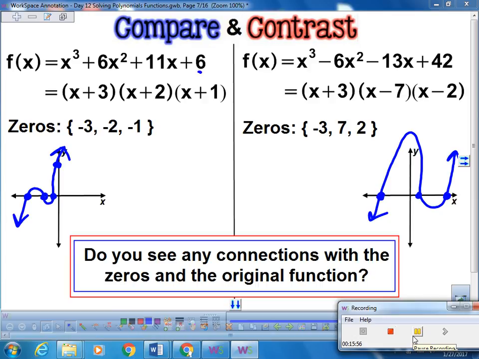Because with 6, it's kind of easy. The only factors of 6 are 3, 2, and 1, correct? Is 3, 7, and 2 the only factors of 42? There's lots of factors of 42, right? But it gives us a starting point. We know that these numbers have to come from this, correct?